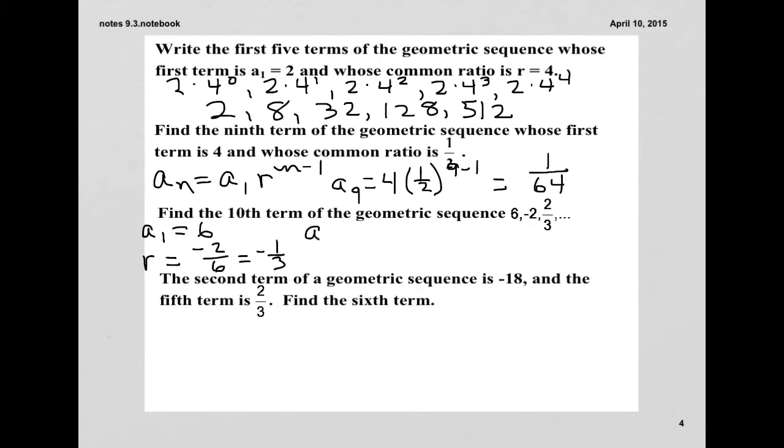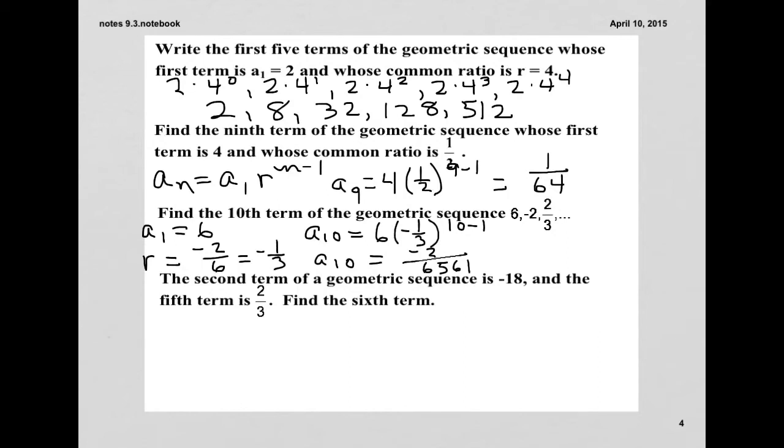So that's a sub 10 equals 6 times negative 1/3 raised to the 10 minus 1. Okay, so we plug that into our calculator, and a sub 10 equals negative 2 over 6,561.